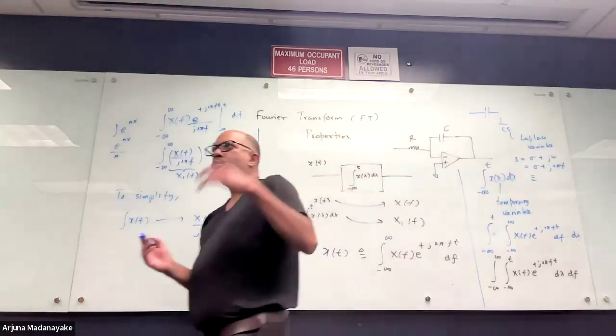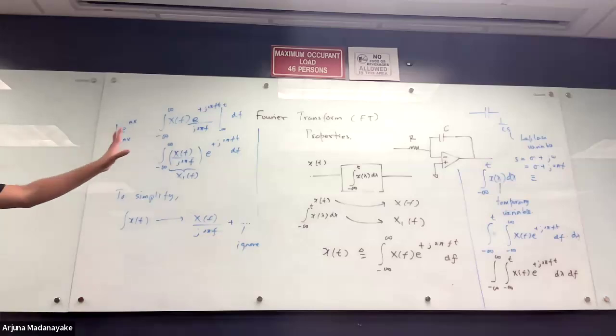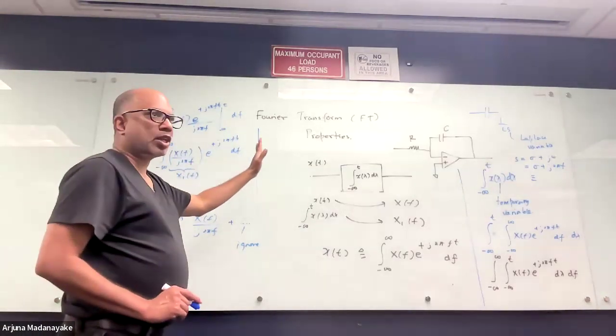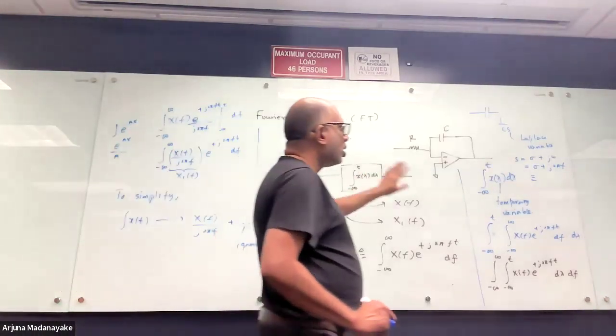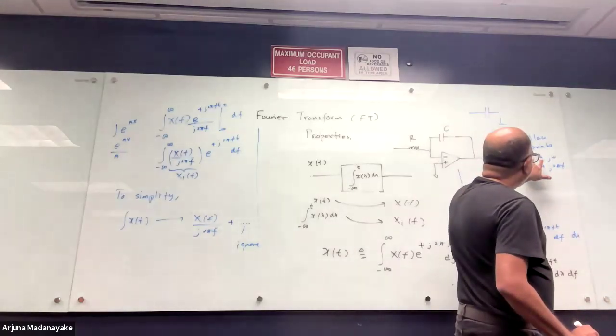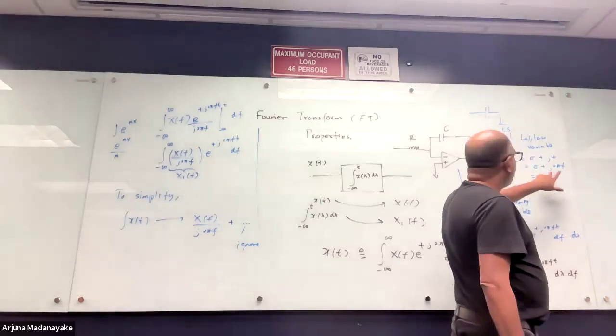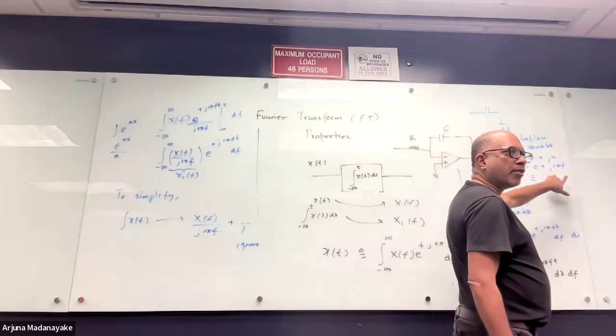So when you go from Laplace transforms to Fourier transforms, you set the real part of the Laplace S variable to 0. That means sigma is equal to 0, which gets you j2 pi f.